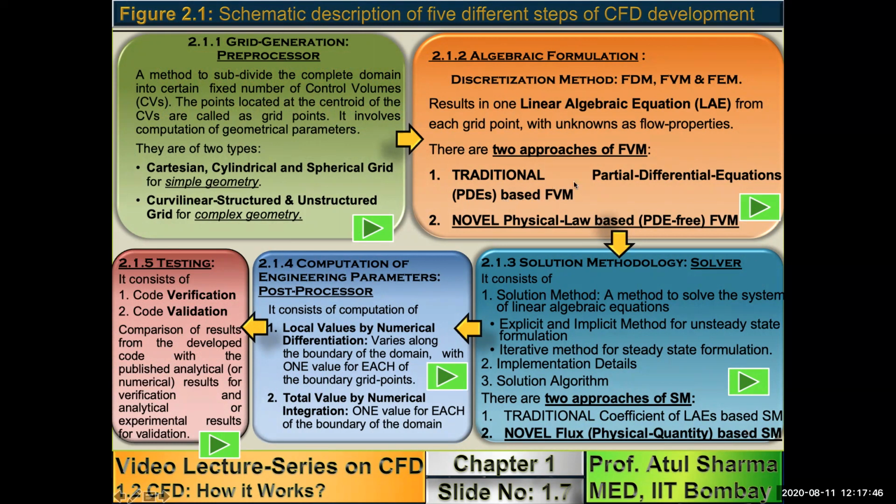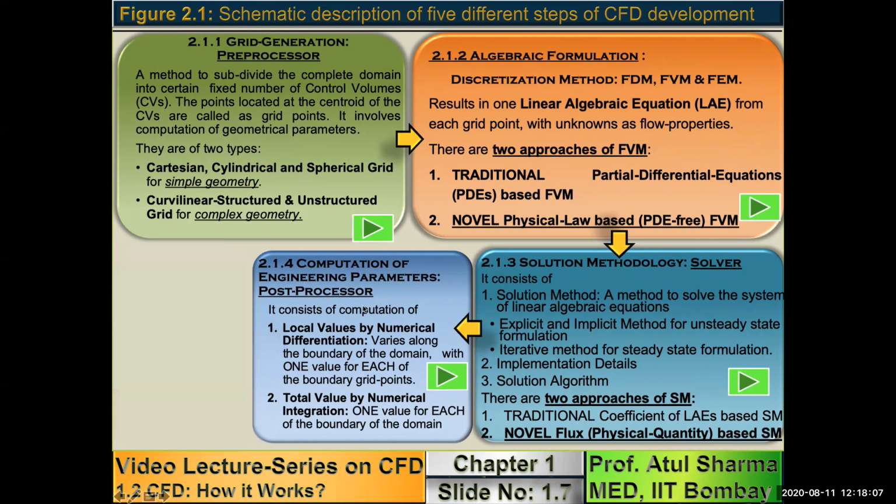Once you obtain the algebraic formulations, you go for the solution methodology, and from it you obtain the solution only for the flow properties at yellow circles as well as blue circles. But you do not get the engineering parameter.